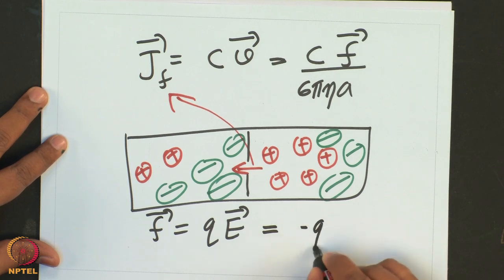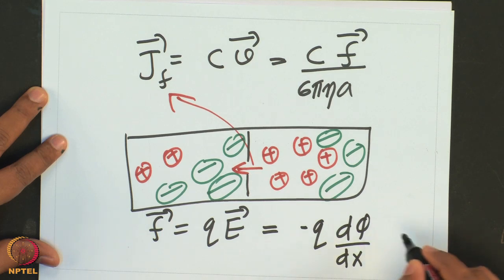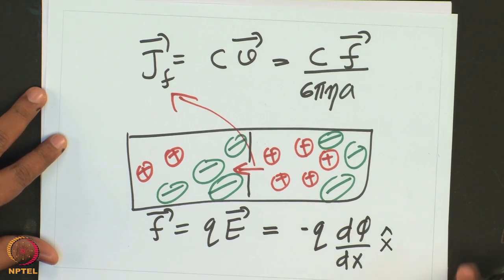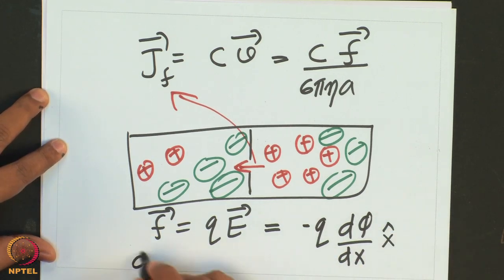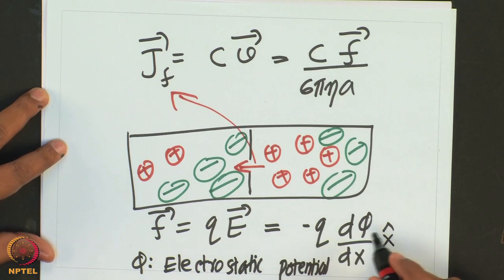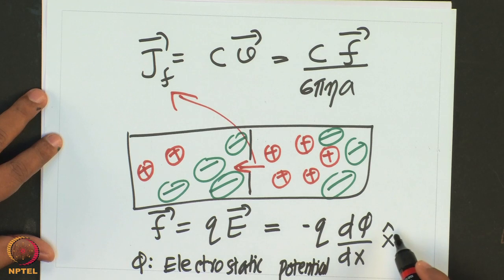So it will be minus Q del phi by del x, which is called the gradient, with appropriate sign. Phi is the electrostatic potential. I use the symbol phi for electrostatic potential.